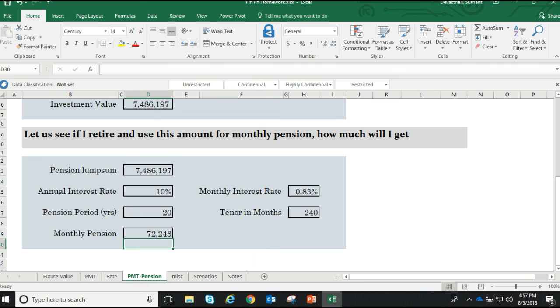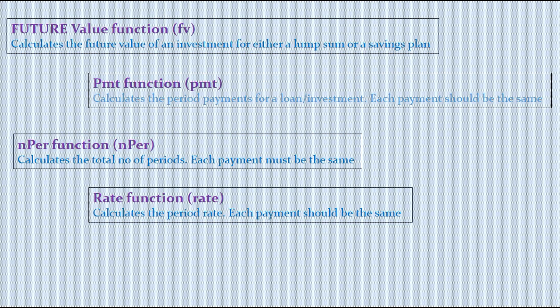Now, if you knew what monthly pension you really need, you could use that and find out the pension period. How long will this pension amount suffice? So these are some examples of how you can use the Excel financial functions. Let's see this list of all these financial functions here.